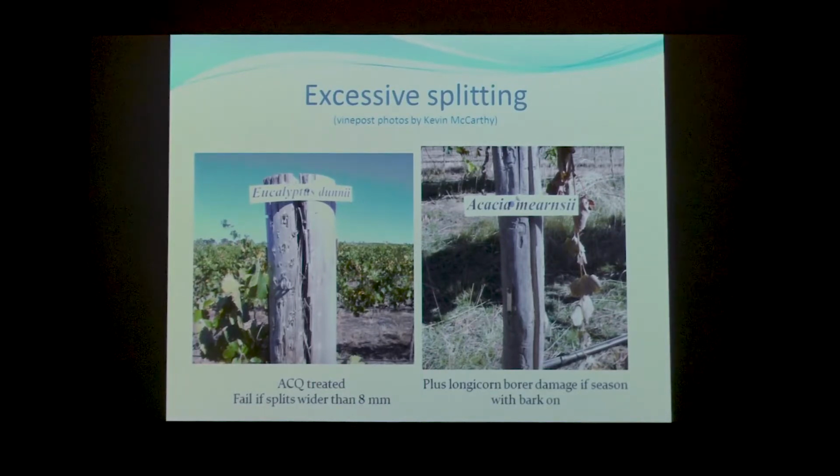Another important thing to look at for vineyard posts is degree of splitting. The splitting probably doesn't reduce the strength that much, but if the split's in the wrong location, it's difficult to put a staple in to hold the wire for the vineyard, and also the deep split can accelerate decay within the heartwood internally.